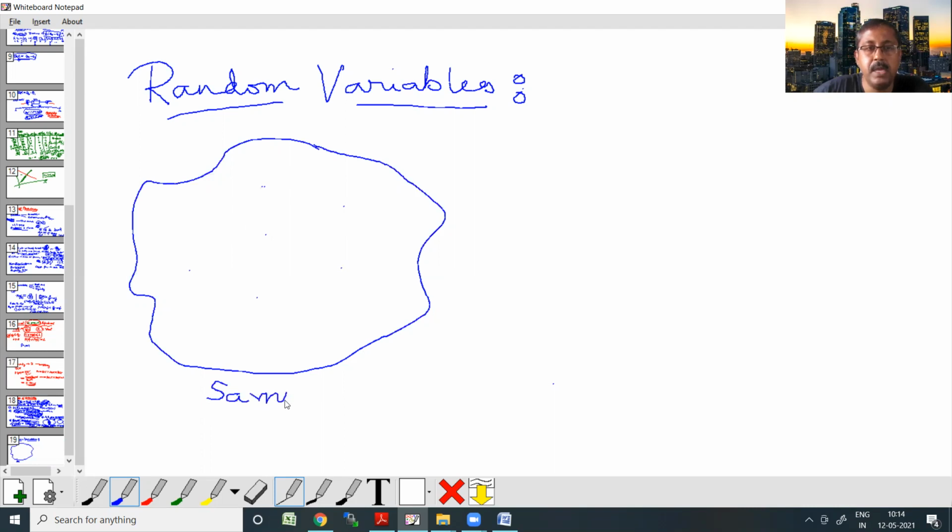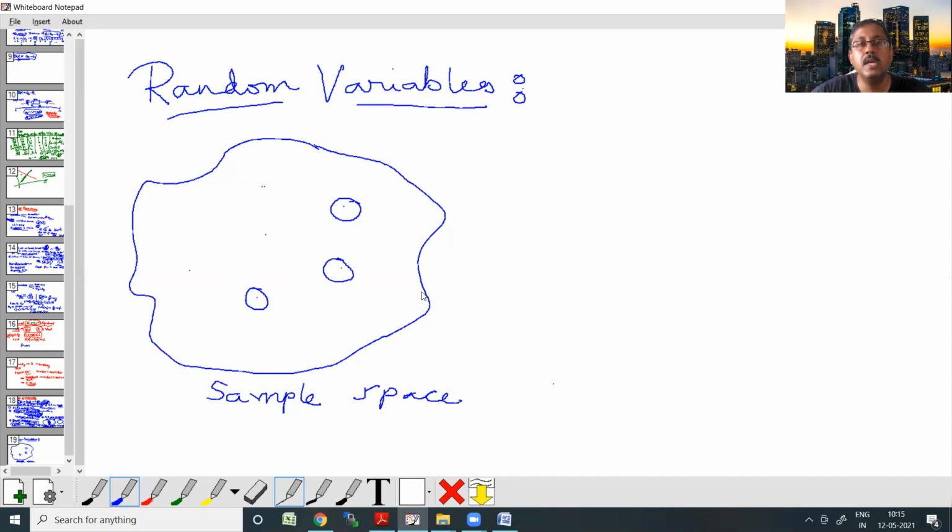So the sample space is the whole thing, with all possible outcomes, and individual outcomes are represented as sample points. Now, each of these sample points may not have a specific number value attached to it. So how do we convert it to a number value?